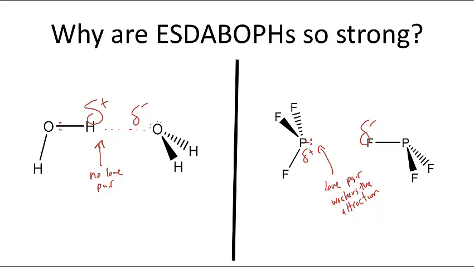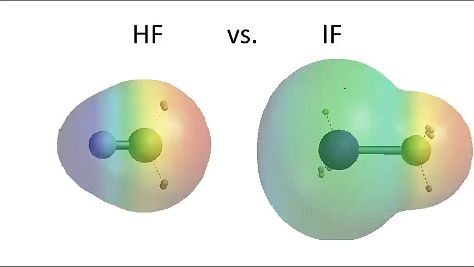If we look at HF versus IF. Now, the colors here show the dark blue is very partially positive. The dark red is very partially negative. So partially negative, partially positive. So in HF, you can see the left side is very blue, the right side is very red.